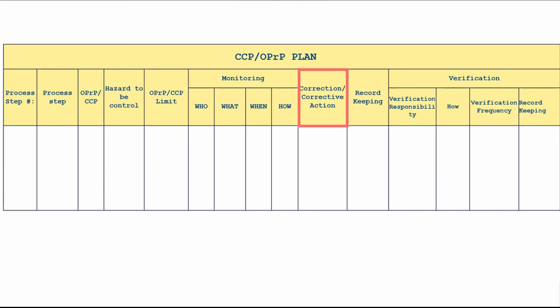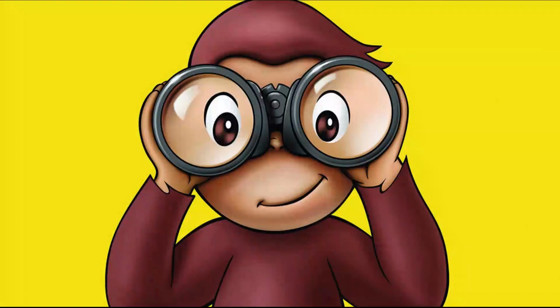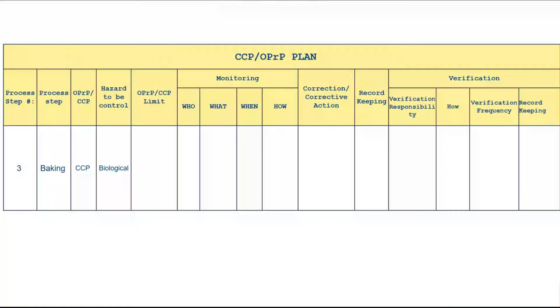Third is correction and corrective actions. Fourth is verification, and the fifth point and the last principle of HACCP is record keeping and documentation. So let's fill it. You need to mention all CCPs and OPRPs here. The next step is to define limits so we can control this hazard at this point.